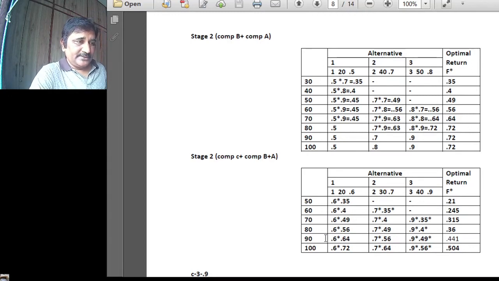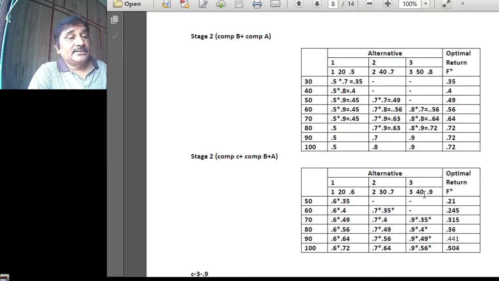So for example, 90 minus 30, 60 rupees, you will have to find the optimal return for 60 rupees, that is 0.56. So here it has been multiplied by 0.56. Now this alternative once again, 40 rupees. This alternative you can use.